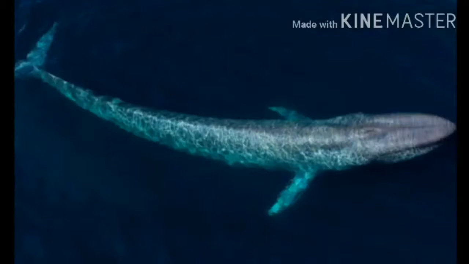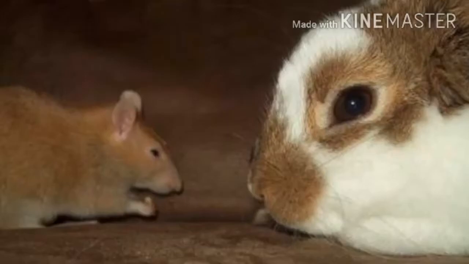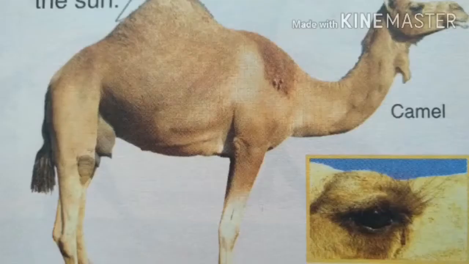A fish lives in water, and water is its habitat. And we can find rabbits and rats in burrows, and that's their habitat. We can find camels in the desert. So, the desert is a habitat for the camel.